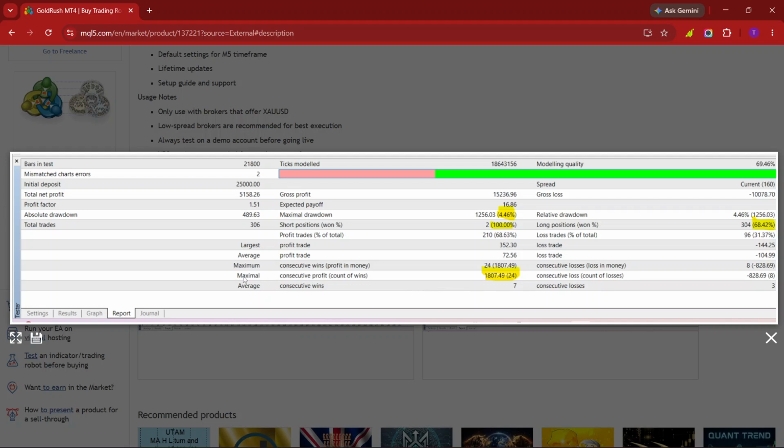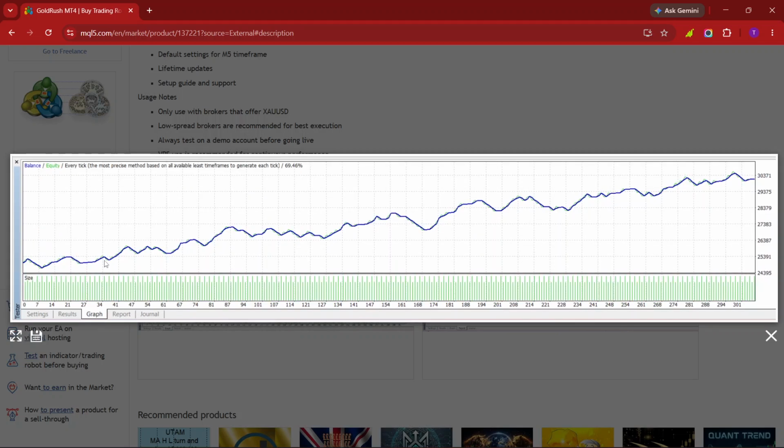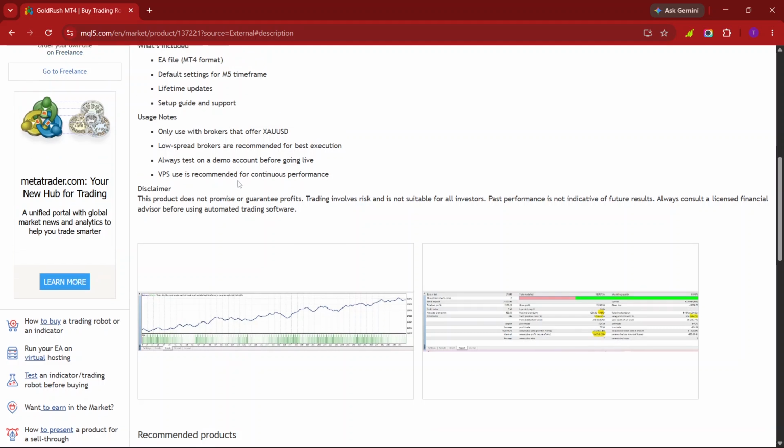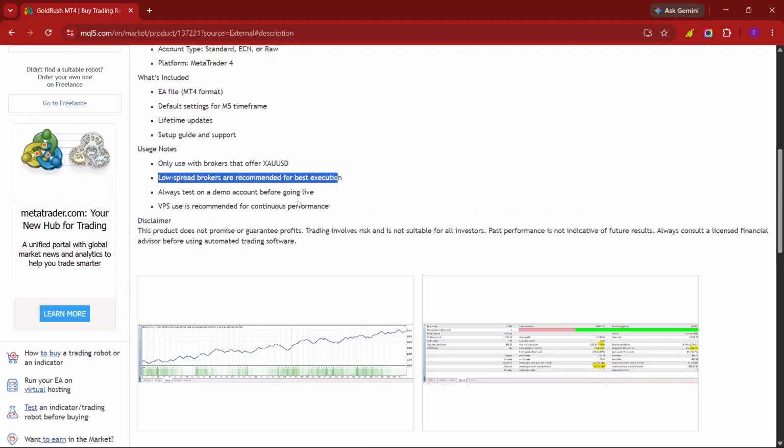Because there's no Martingale or grid, a string of the larger losses can still create that slow equity bleed you see on the curve. Remember that gold volatility, especially around news, can hit those fixed stops harder in live conditions than in a backtest. Spread sensitivity is real, and the developer themselves recommend low spread brokers, as you can see here. Honestly, the no martingale approach is refreshing. A lot of gold EAs hide recovery logic, and this one doesn't.